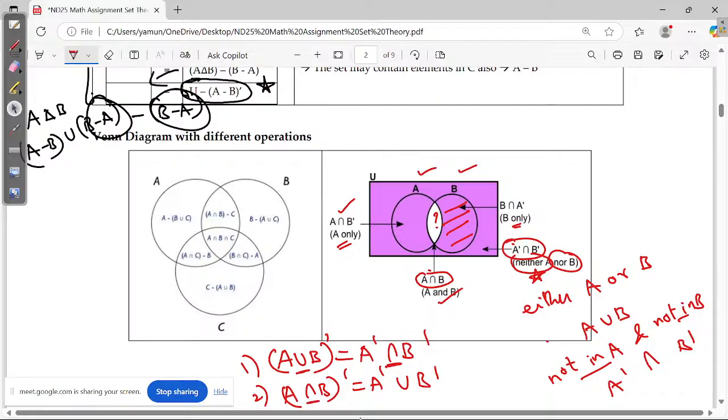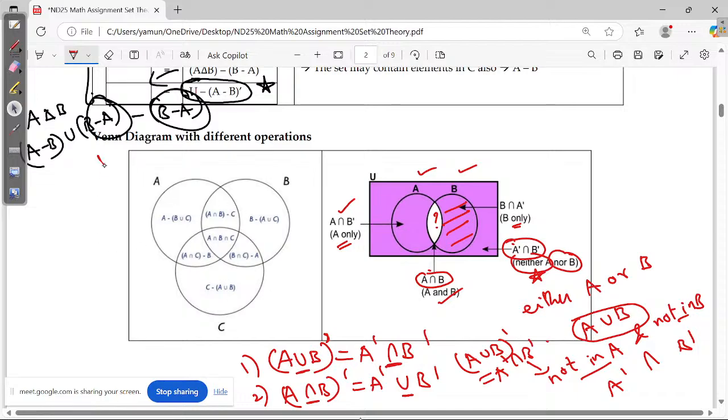If you have intersection here, you'll have union, and this complement operation will be taken together outside for both A and B. So if you check now here, A union B, the whole dash is neither A nor B, which can be written as A dash intersection B dash. Okay, so this is one.